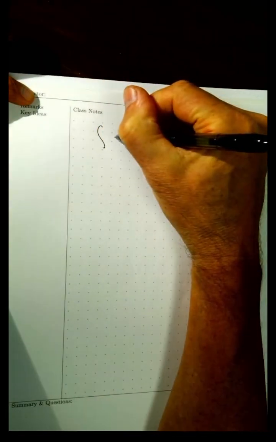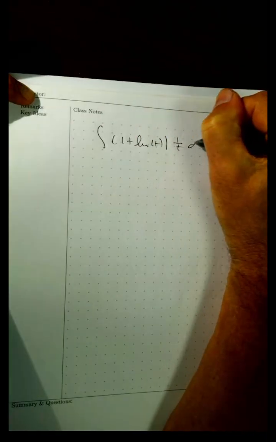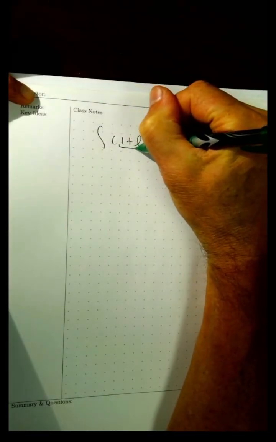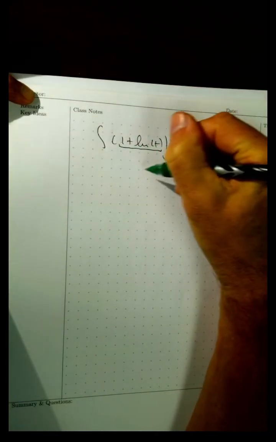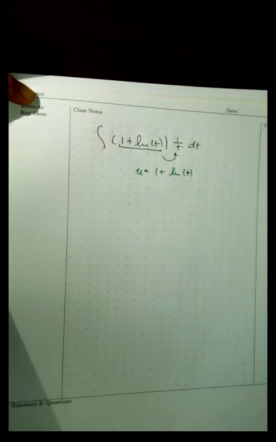So if I have the integral of 1 plus log of t times 1 over t dt, then to solve this thing, I'm going to notice that the derivative of this thing is right there. So I'm going to say let u equal 1 plus log of t.